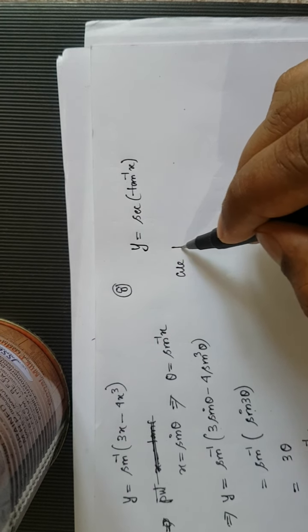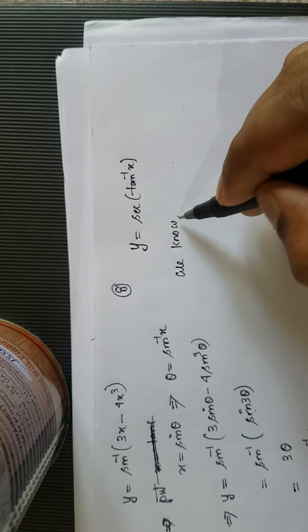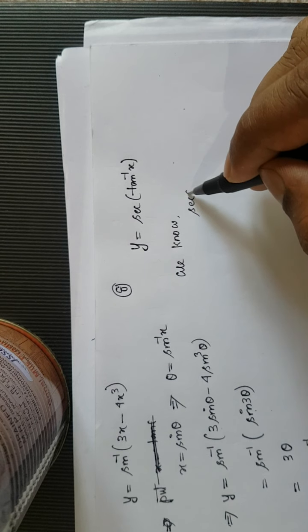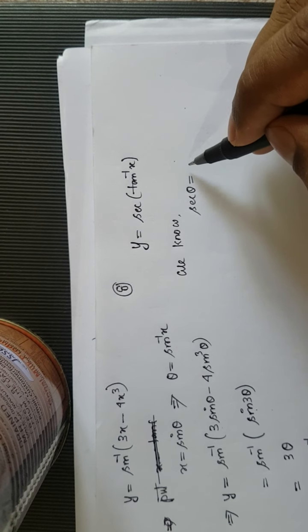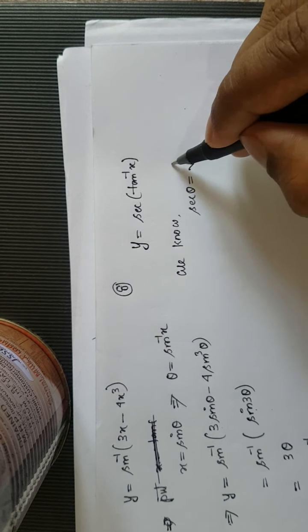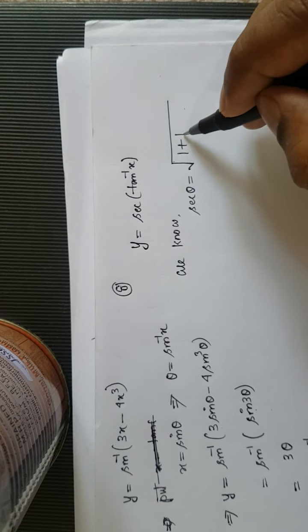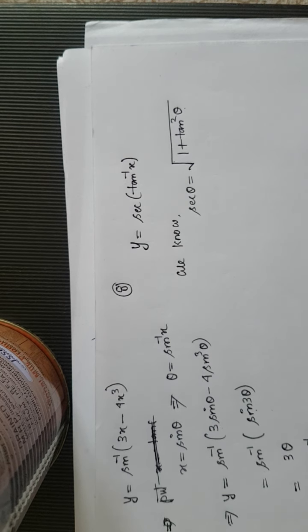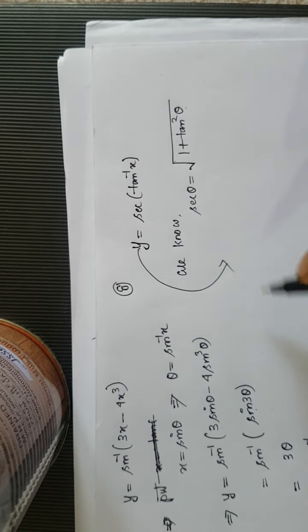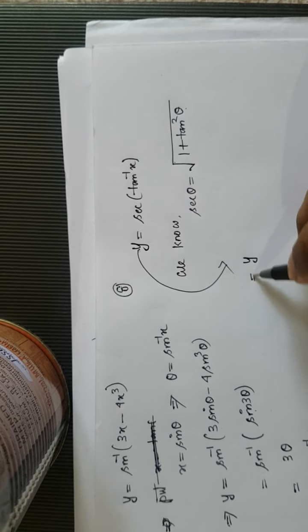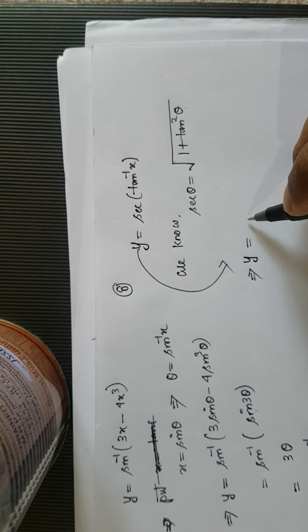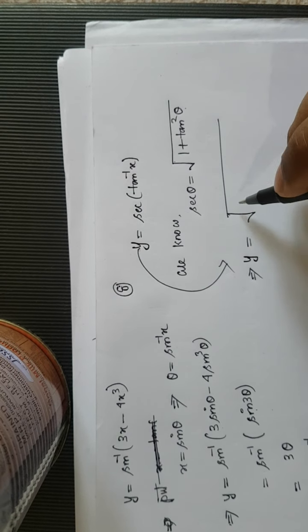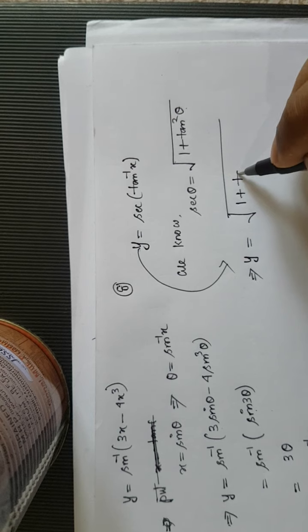What is sec theta? We know sec theta is equal to square root of 1 plus tan square theta. Similarly, we will apply this here. You can write y is equal to square root of 1 plus tan square theta.